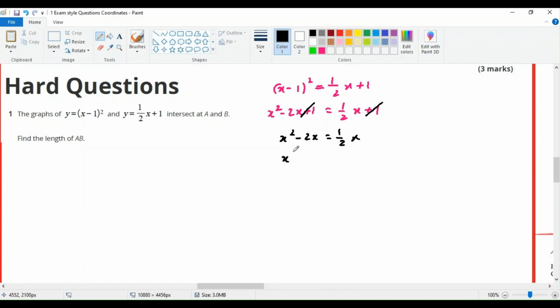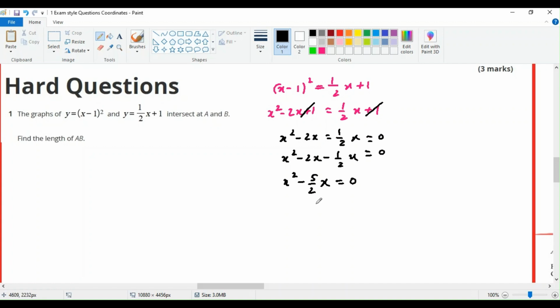And when we bring this to the other side, it's going to be giving us minus x, and this is going to be giving us x squared minus 2, and minus 1 over 2 is going to be giving us 5 over 2x equals 0. This all equals 0.